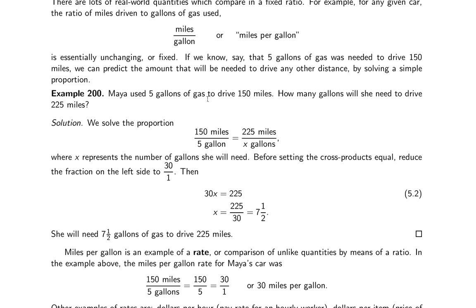So the first sentence, the first trip, is 150 miles divided by 5 gallons. The second sentence, the second trip, it's miles over gallons, so it has to be miles over gallons here. In the second trip, it's 225 miles, and we're looking for the gallons.